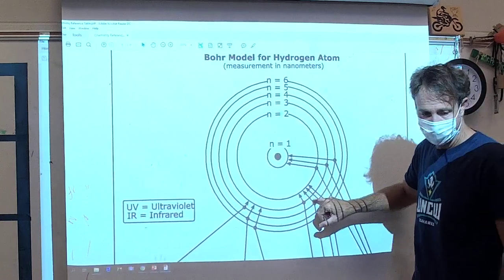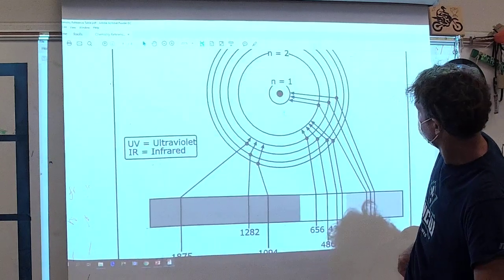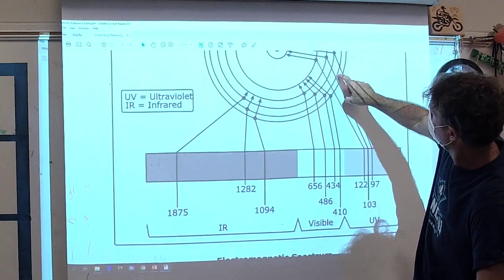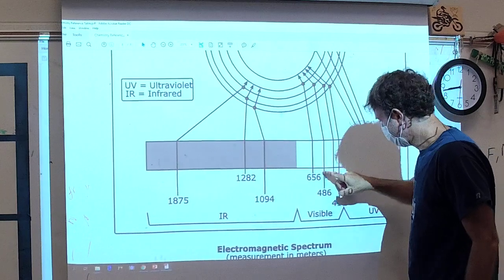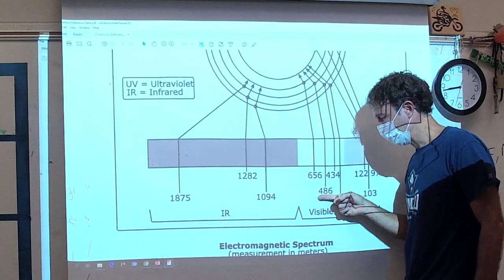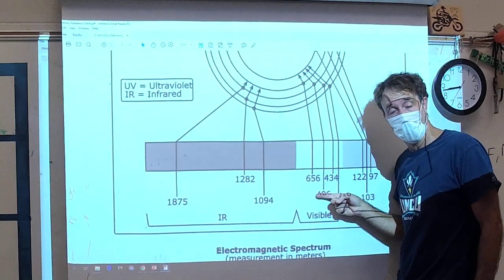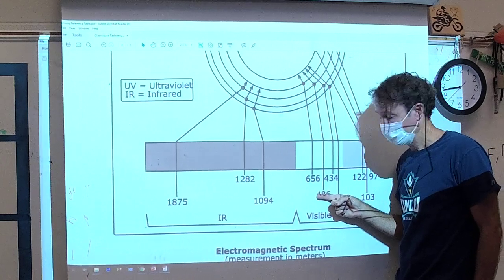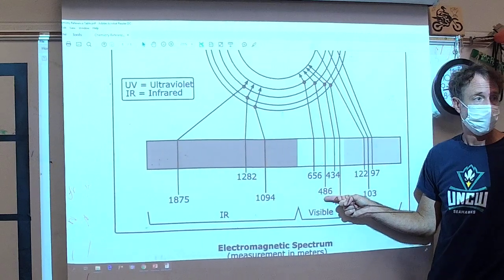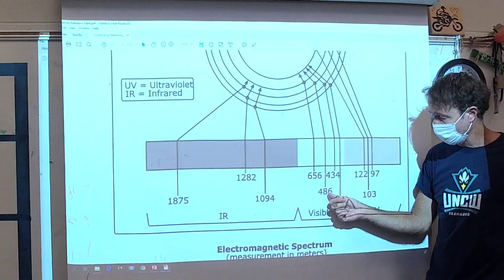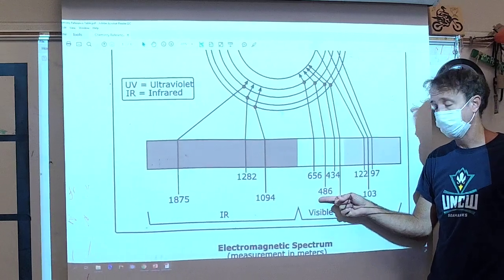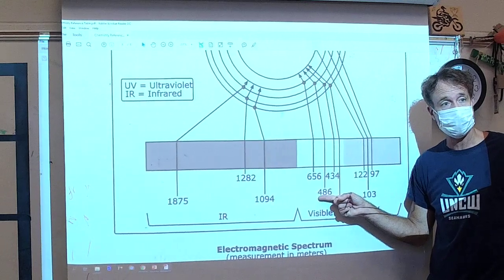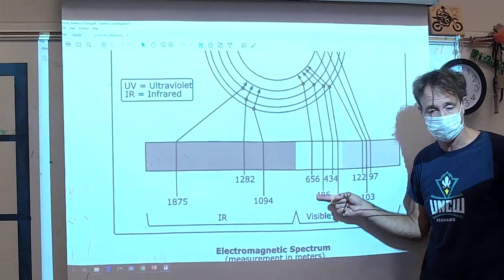So we'll go around, we'll say, oh, this is the one that goes from 4 to 2. So if we scroll down here, let's see, I moved it up here. The one that goes from 4 to 2 gives off a photon that has a wavelength of 486 nanometers. That is equal to 4.86 times 10 to the negative 7 meters.